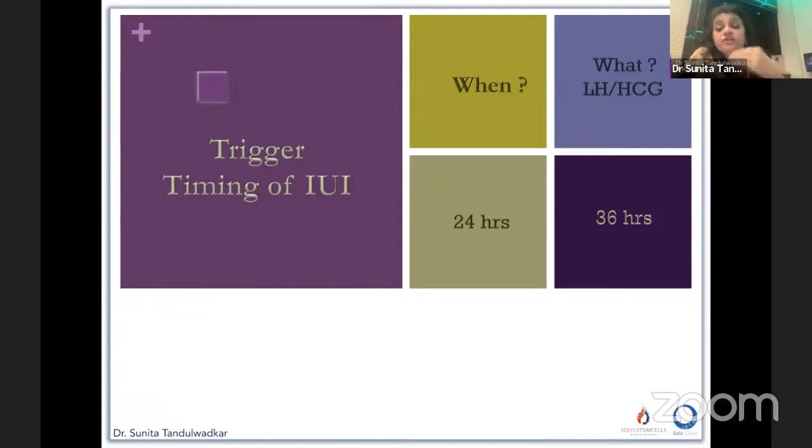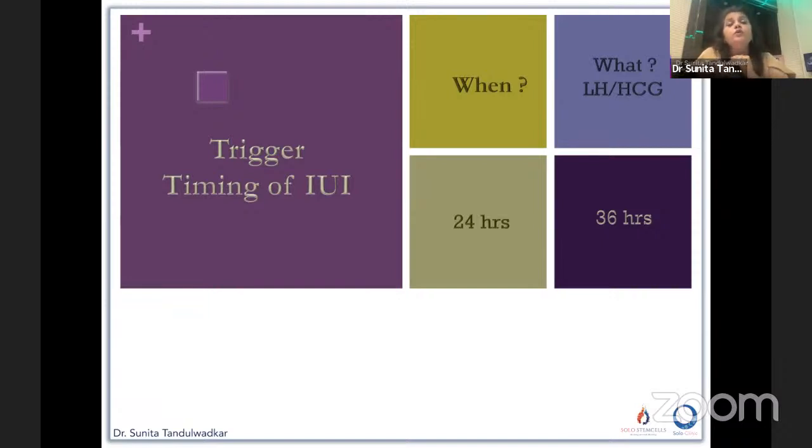It means her endogenous LH surge has already started. Suppose her endogenous LH surge started 12 hours before or 20 hours before. So the trigger which you give is not going to calculate 36 hours from your trigger day. The follicle is going to rupture 24 hours prior because the endogenous LH surge has already started.